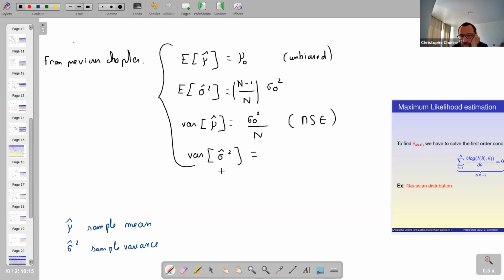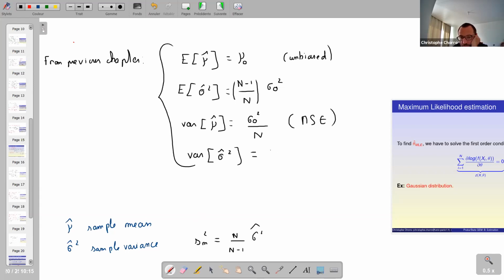Here you have the sample variance, and I know that the corrected sample variance is defined as n over n minus 1 sigma hat square.